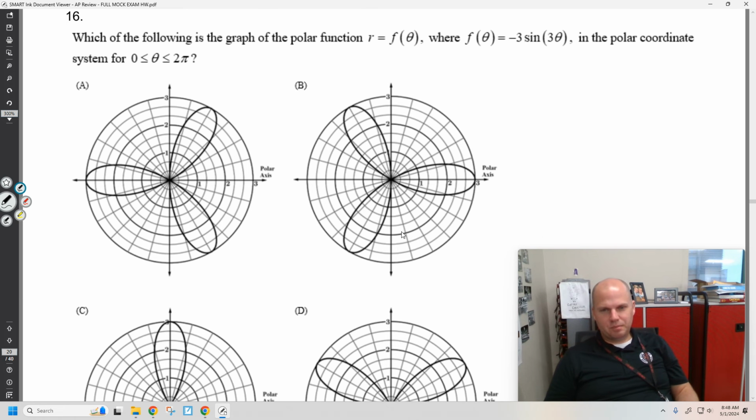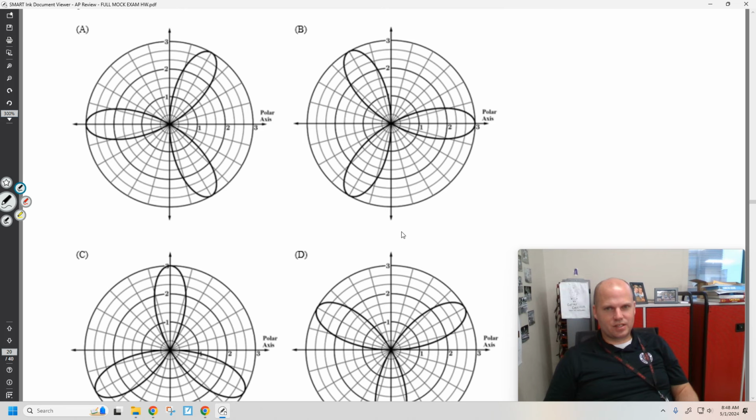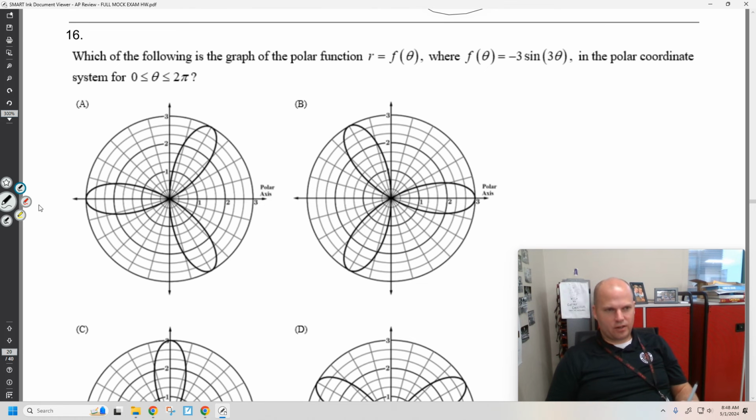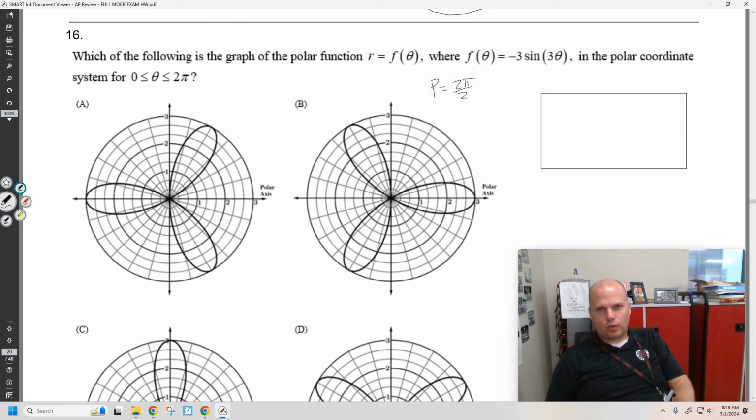I do too, but it might actually be easiest because I can't eliminate that many to actually use the rectangular form in SketchUp. Okay, the period is 2 pi over 3. So I got 2 pi over 3 as my end. I'm going to step that out into pi over 6's by dividing by 4.